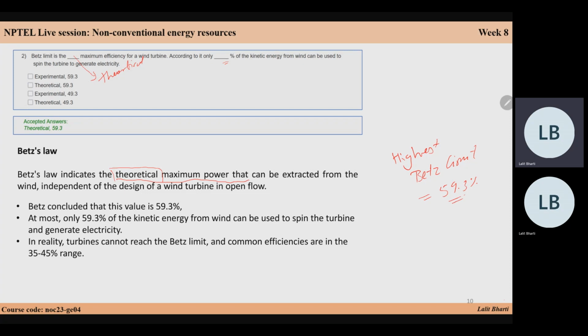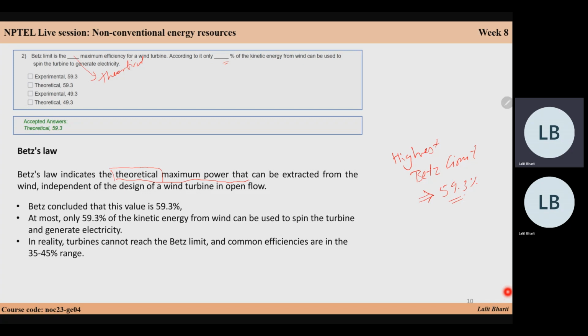It means only 59.3% of the kinetic energy from wind can be converted into electricity. If we have some wind, we can only convert 59.3% of it.